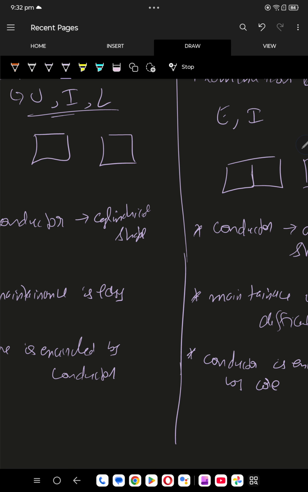So one more point is, here only one magnetic circuit is possible. Here 2 magnetic circuits are possible.